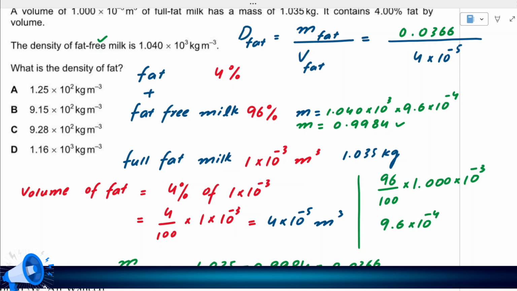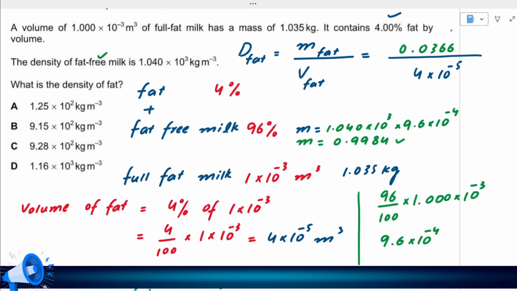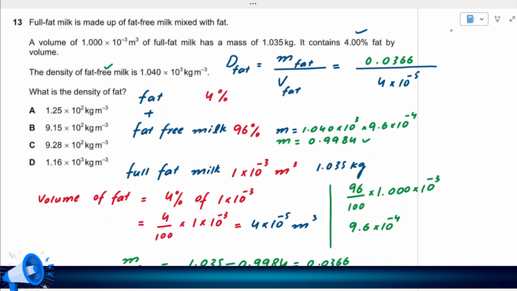Okay, so all the calculation was basically done in order to find the mass of the fat. Everything else was given pretty much directly, but the mass of the fat was calculated after all this calculation.